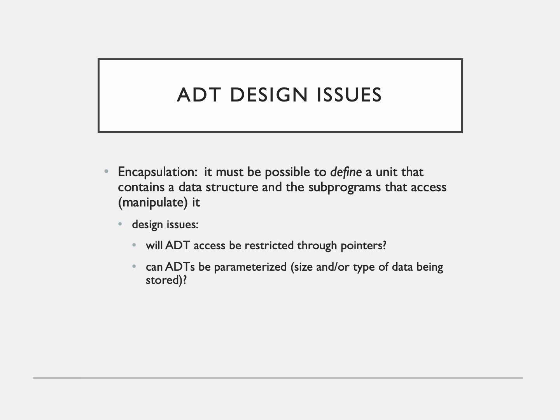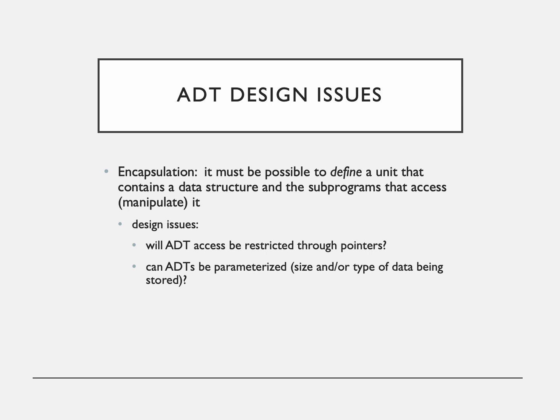Now, two common questions arise in ADT design: should access to the ADT be restricted through pointers, or can ADTs be parameterized? So for the first one, this impacts how memory is managed and how users interact with the data.